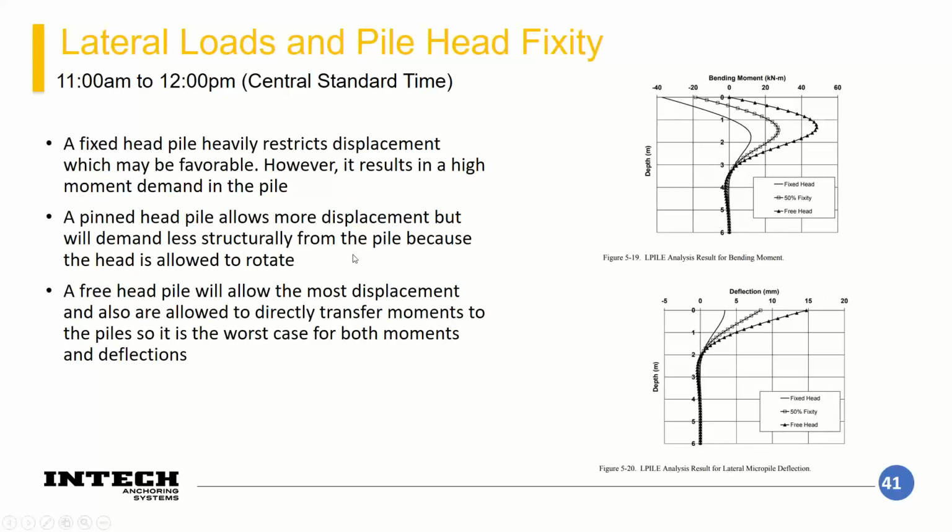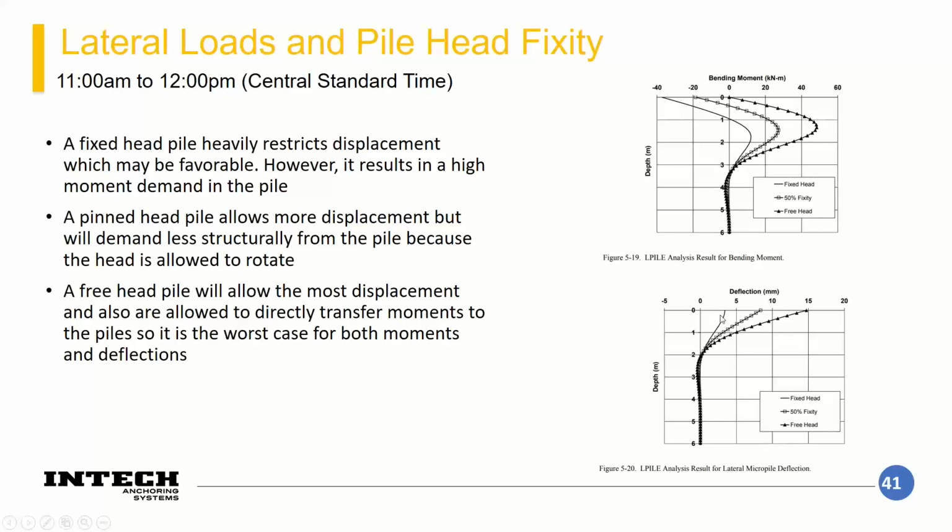So a fixed pile heavily restricts the displacement that you're going to see. In these charts here, the bottom one is deflection, and you have 3 different head conditions: fixed head, 50% fixed head, and a free head.